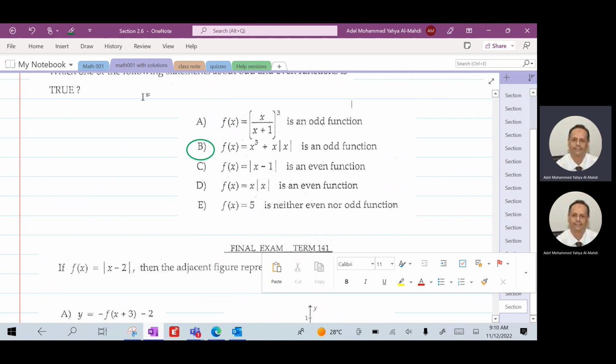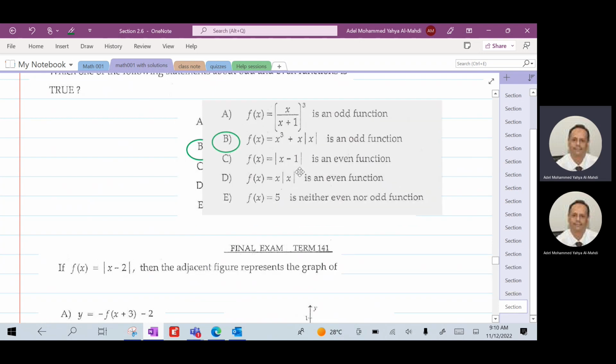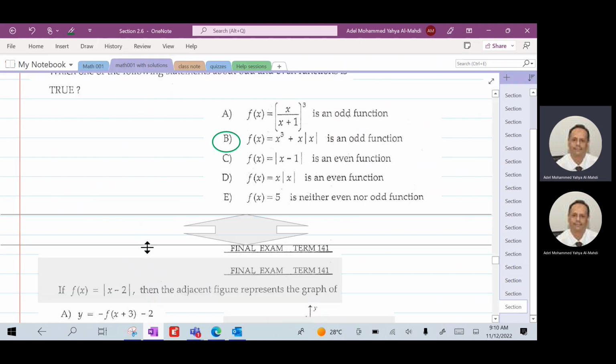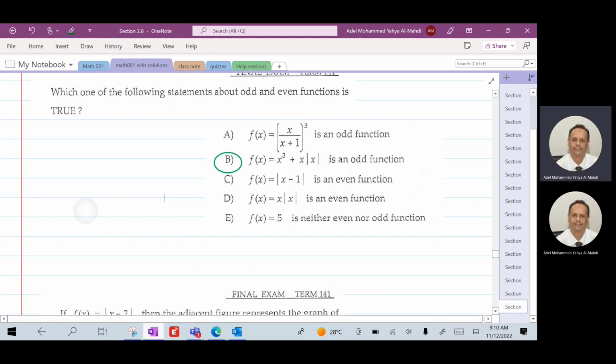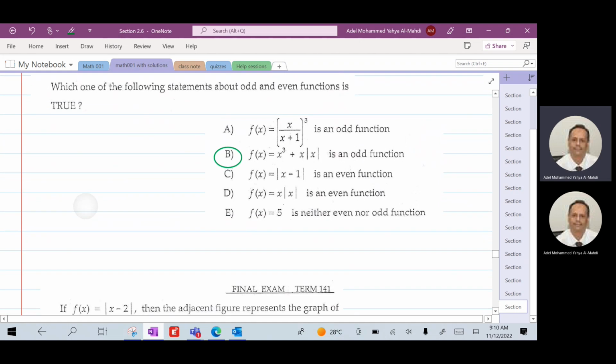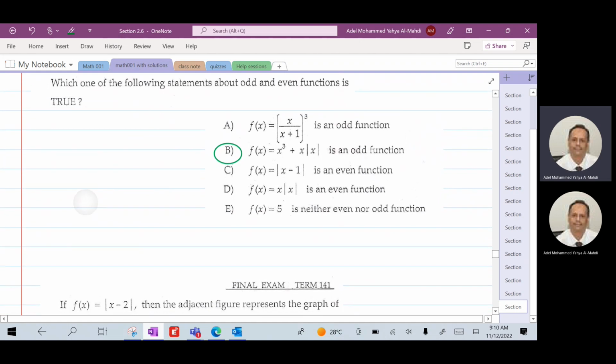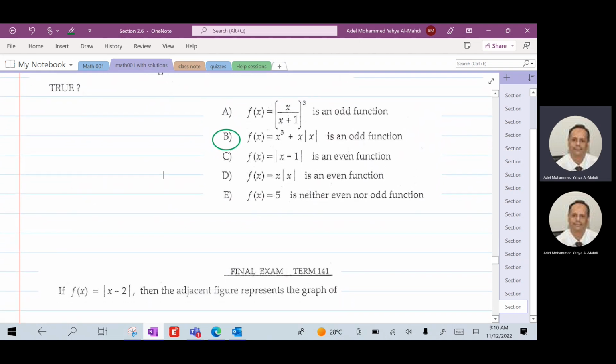Here, the same question, even odd. I will prove why B is true, and your job is to prove why the others are not true. So here he said which one of the following statements is true about even odd properties.